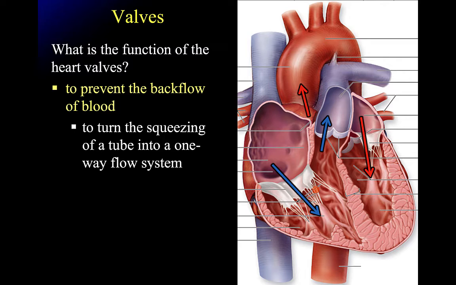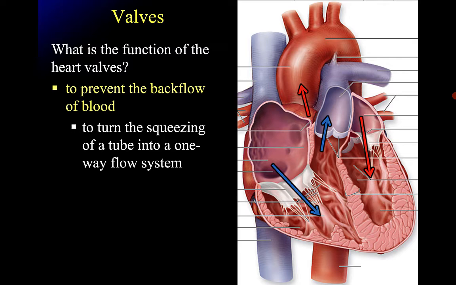So we do have valves in here, of course, and we can see four of them. We have the tricuspid valve, the bicuspid valve, the pulmonary semilunar, and the one we can't see back under here is the aortic semilunar. Well, the function of these valves is all the same. It's to prevent the backflow of blood, to make sure blood flows in a single direction.